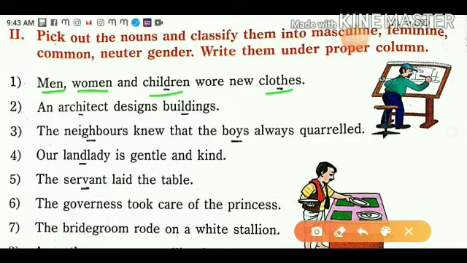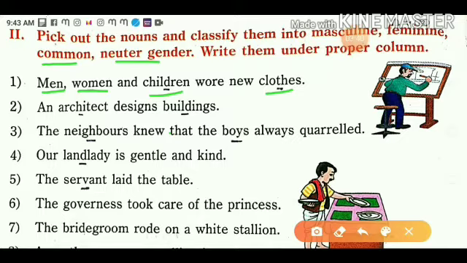First, men is of masculine gender. Woman is of feminine gender. Children is of common gender, and clothes is of neuter gender.